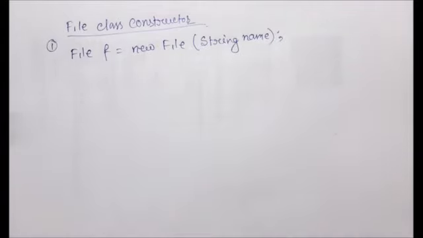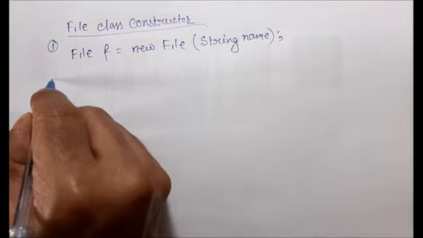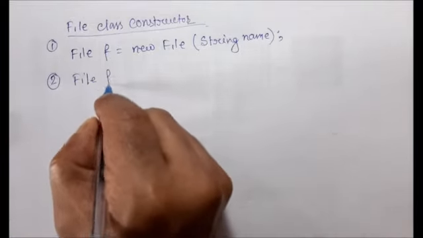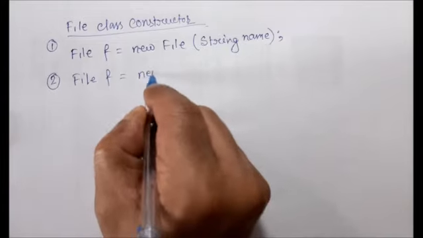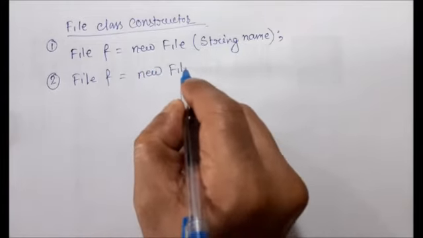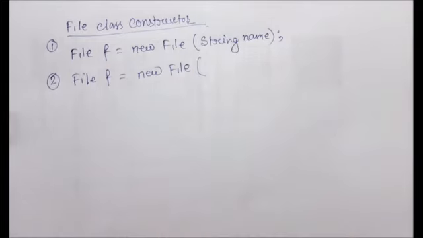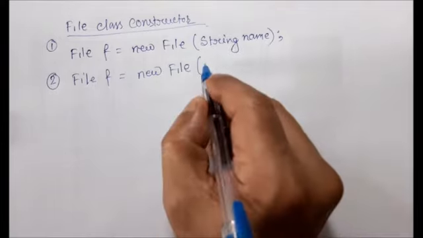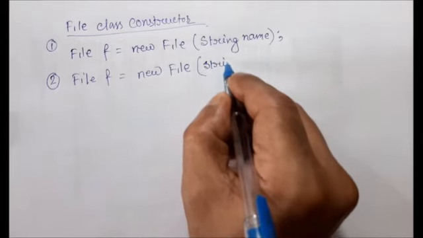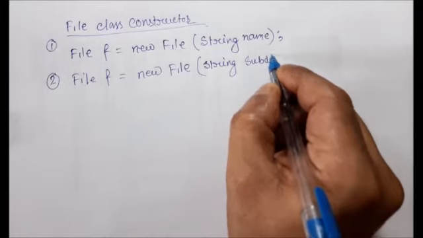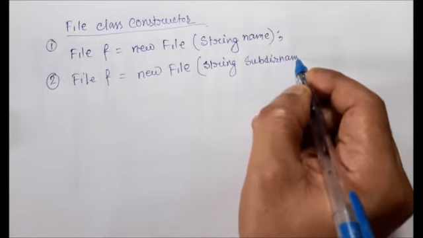The second one, we have another constructor for the File class, where we can write File f = new File, if I want to create a file under a directory. So, how can I write? We can pass the string subdirectory name, then string name.